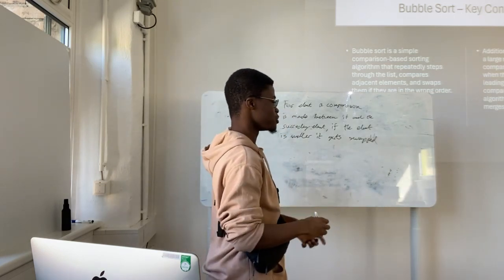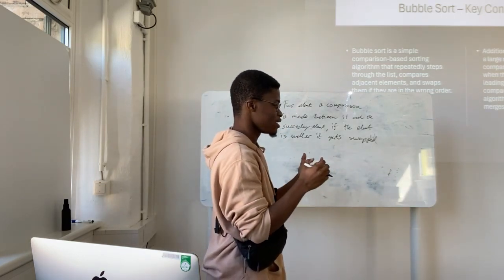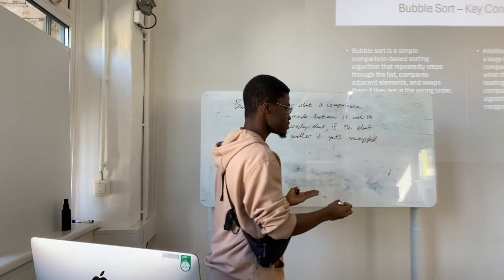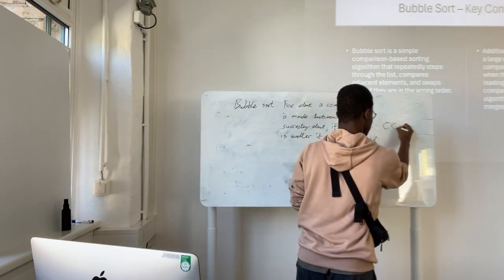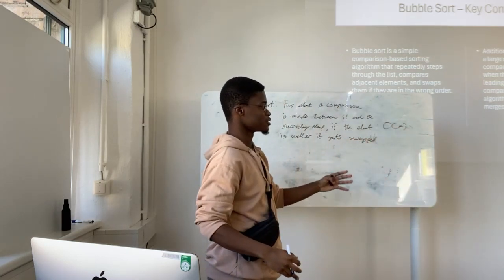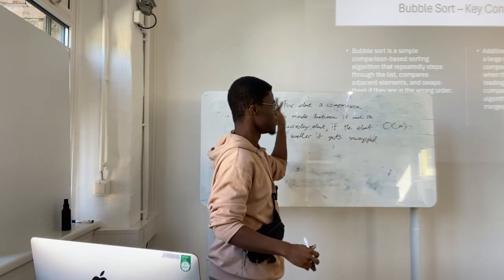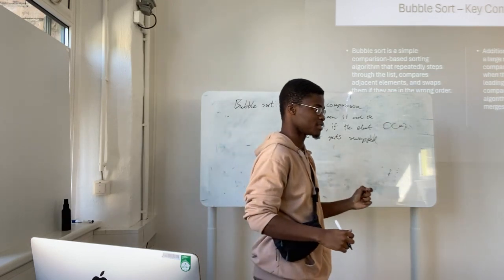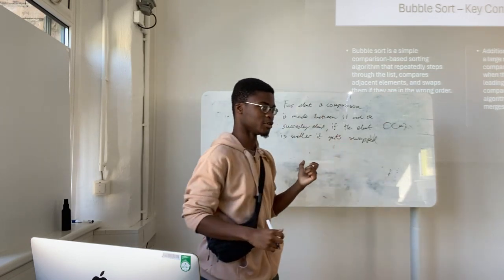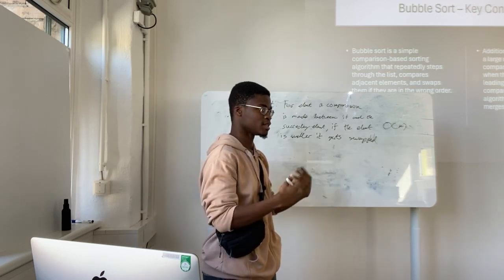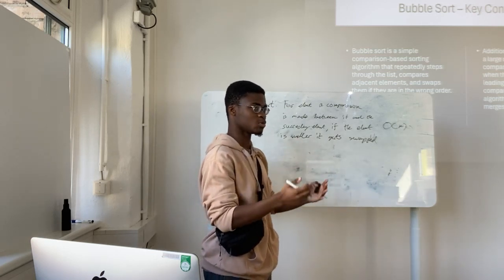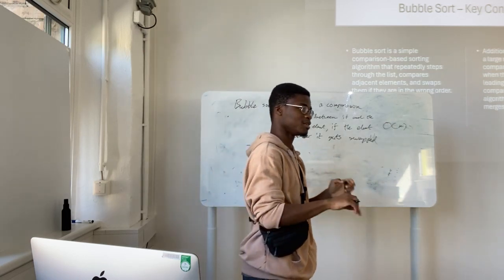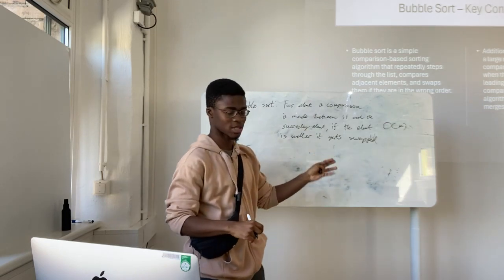In order to sort the data, you effectively have to traverse each element at least once. So the majority of sorting algorithms will not have time complexity better than linear, because you always have to traverse each element at least once and compare it with the others. I don't know if I'm targeting your question, but it brought up another part I wanted to touch on.